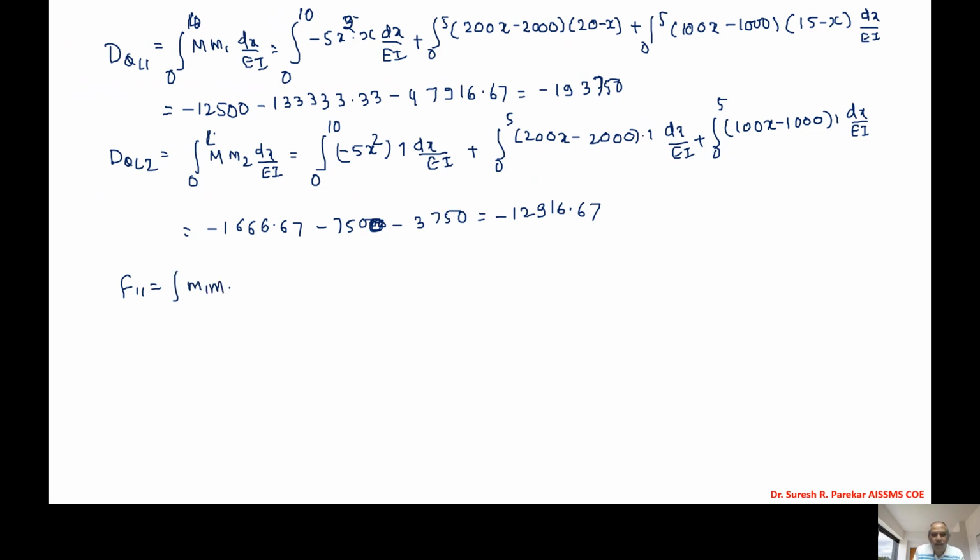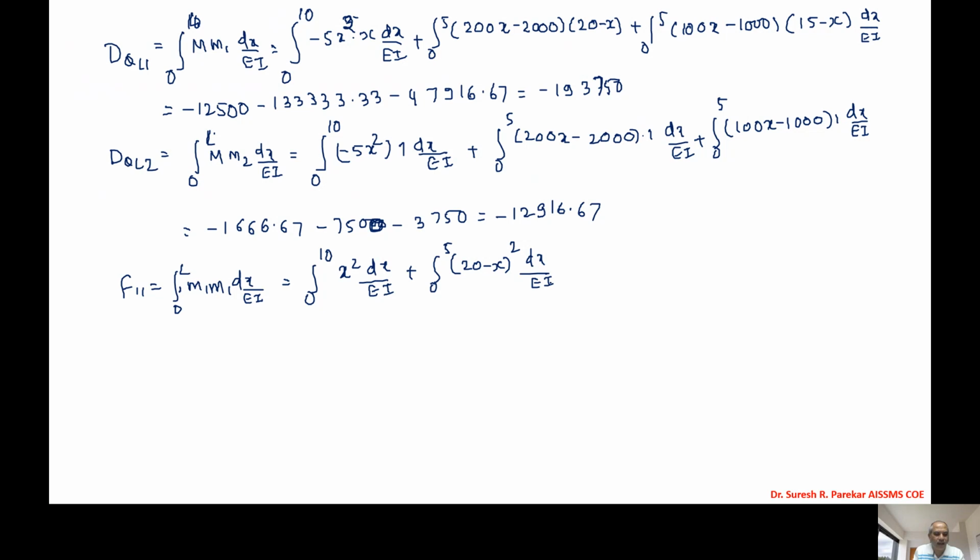Then we have f11, integration m1 dx upon EI, 0 to L. Then we have first 0 to 10, x square dx upon EI. Then we have second term, 20 minus x whole square dx upon EI.